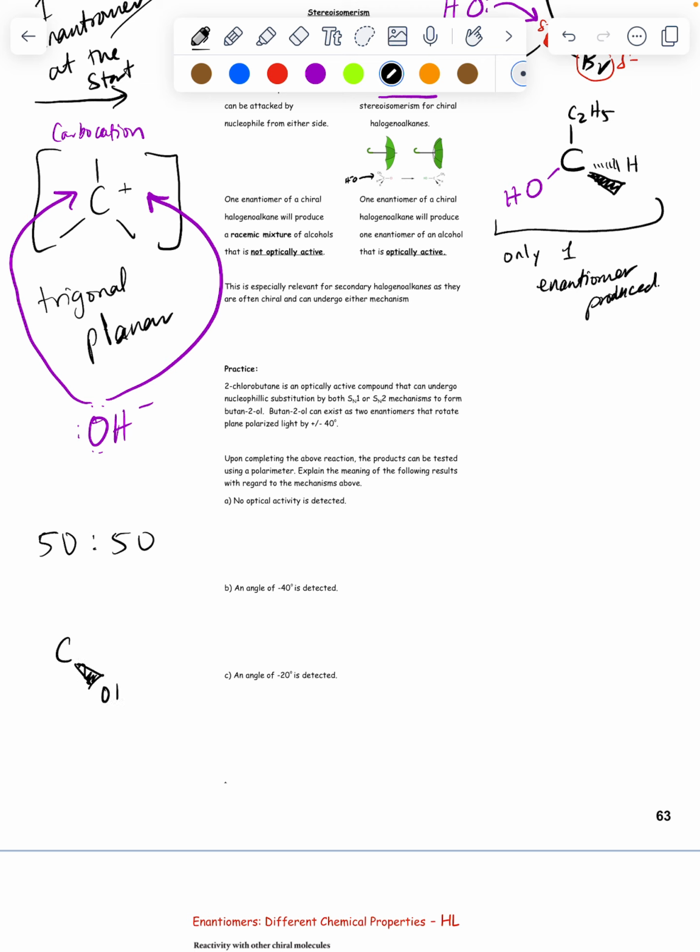So we'd end up with half of our alcohols having that orientation, and half of the alcohols having this orientation. And that 50-50 mixture has a name. It's called a racemic mixture.